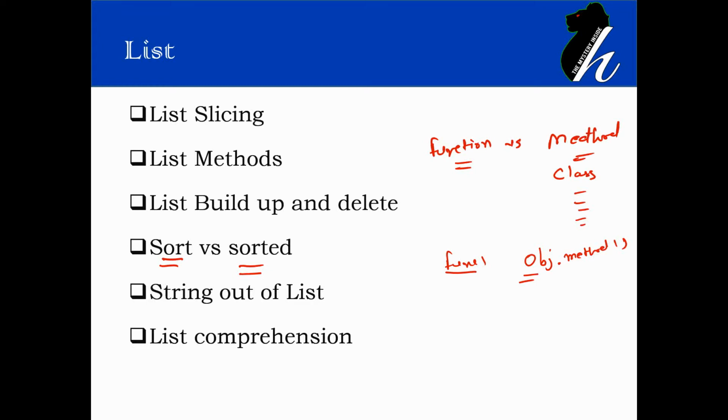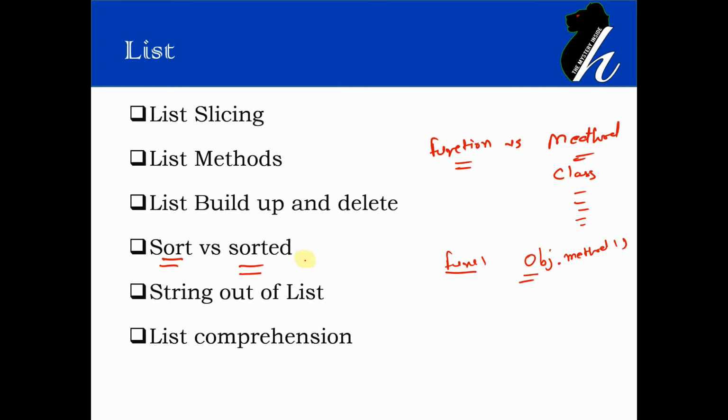So this method and function are both useful to sort a list. How does sorted differ from sort? Whenever we perform the sort operation, it actually modifies the existing list.